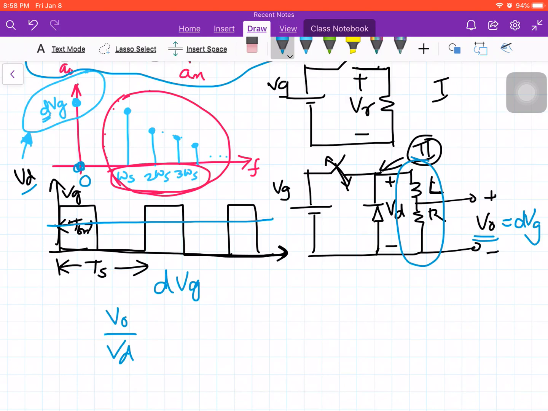Let's take it into the S domain. It is a first order system, right? It's an RL circuit. So it would be 1 by 1 plus S L by R, that can be written as 1 by 1 plus S by omega c.